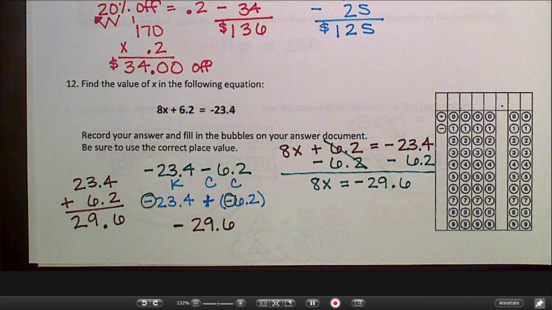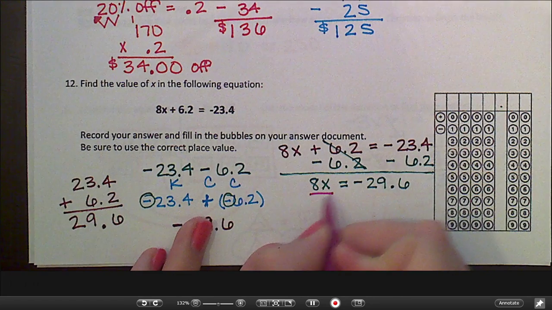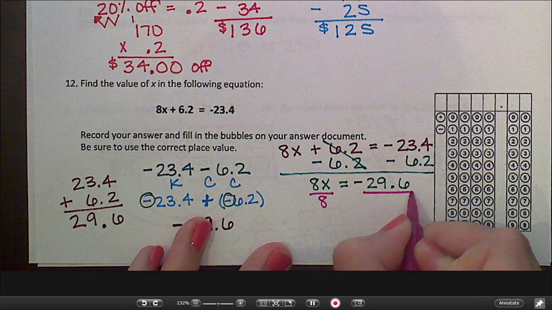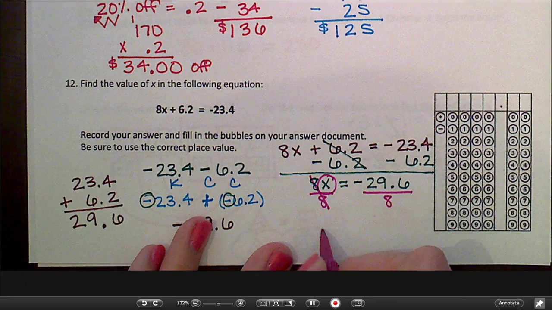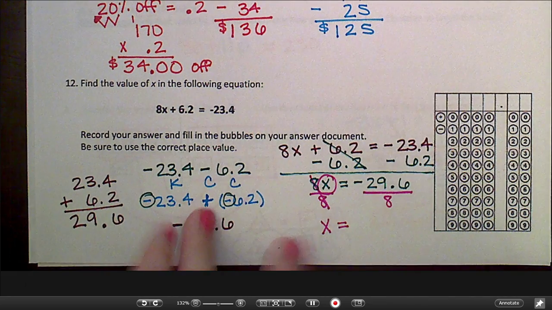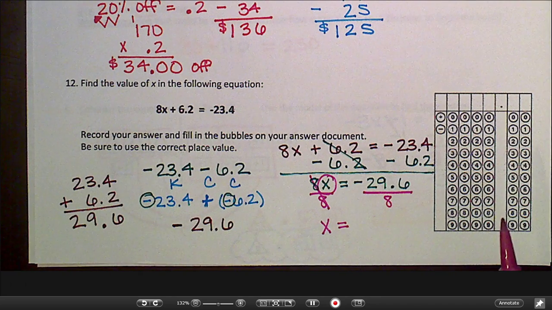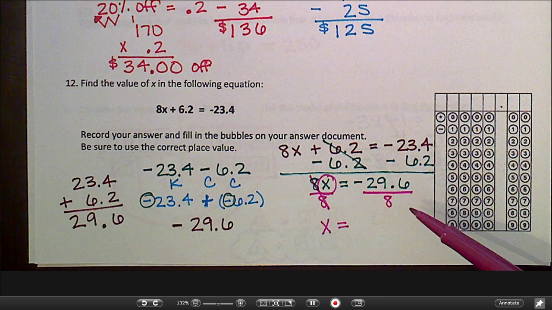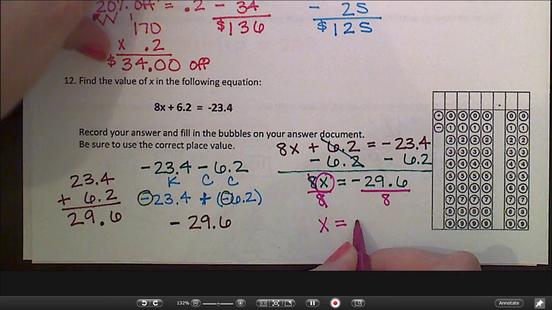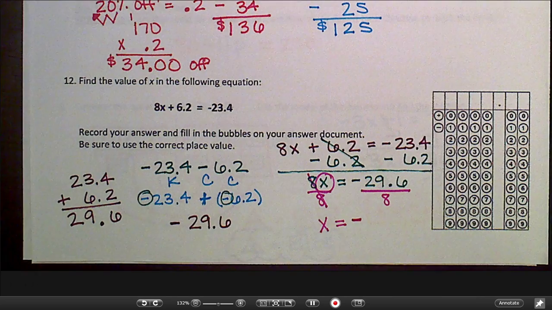We are not quite finished. We still need to divide both sides by 8. Cross those 8s out. I'm left with x. You still have your integers in front of you. When I'm dividing and the signs are different, my answer is negative. So you can go ahead and put your negative sign right there.